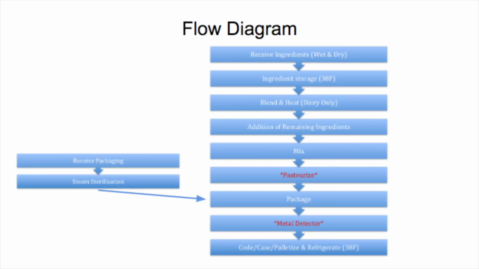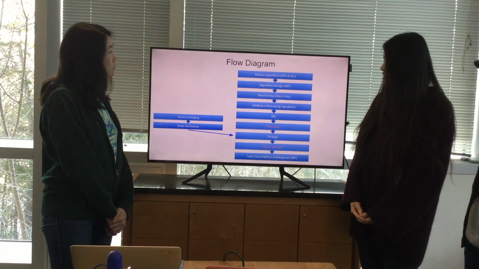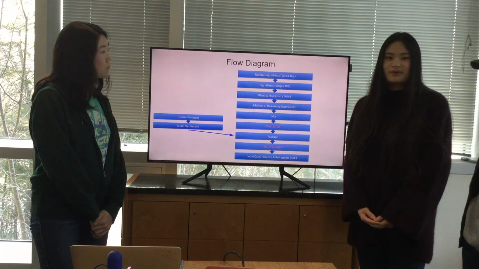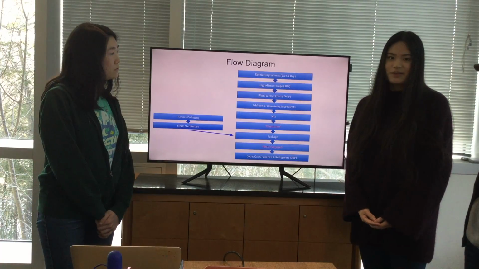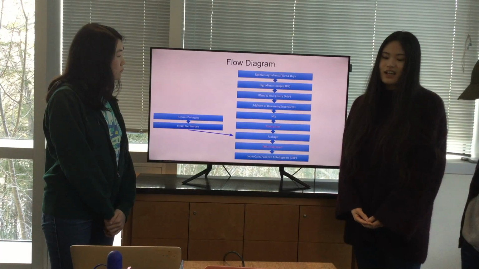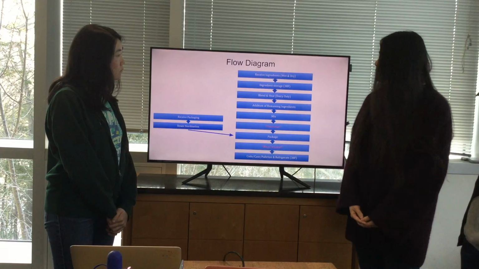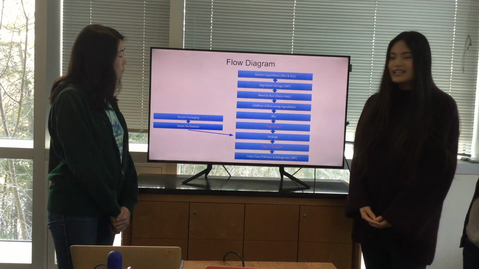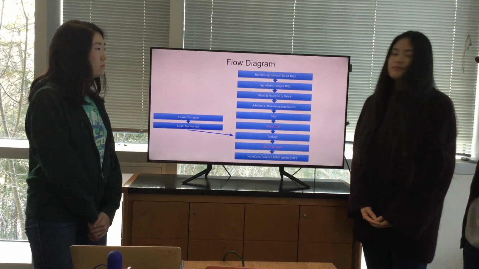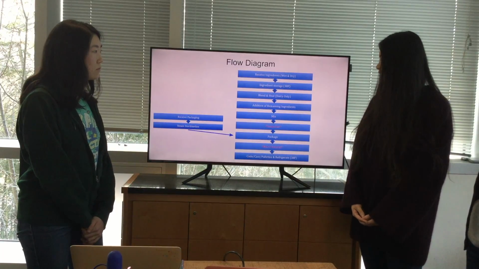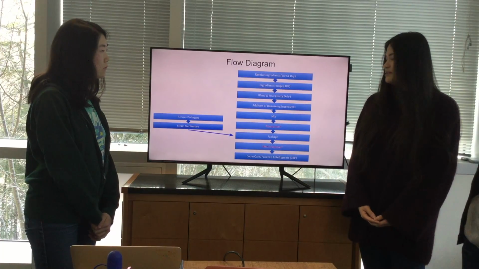The next step will be blend and heat for dairy products to melt the cheese and blend everything together. And the next step will be addition of remaining ingredients, which includes the jalapeno, sorbic acid, lactic acid, salt, and gum. We will mix everything together and then we will pasteurize the product, which is our first CCP.